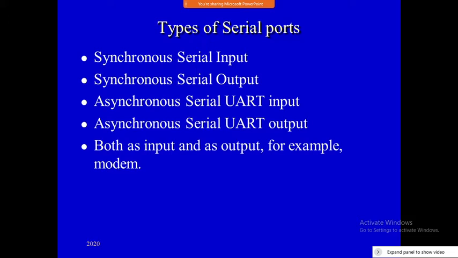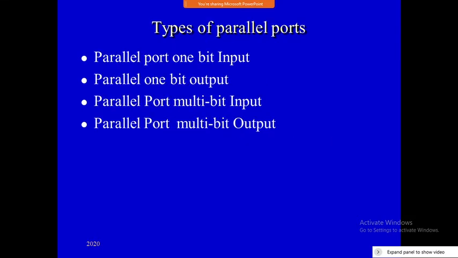One bit is sent, after 1 second another bit is sent, after 1 second another bit. If the data is transmitted like that, it is synchronous serial. Asynchronous means after sending one bit, it waits for 1 second and sends the next bit, then the next bit may use 2 seconds, 3 seconds. It is going to vary. It is not a fixed one. That is asynchronous. We are going to learn these things next.